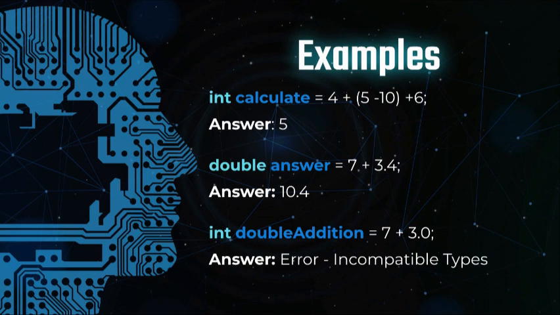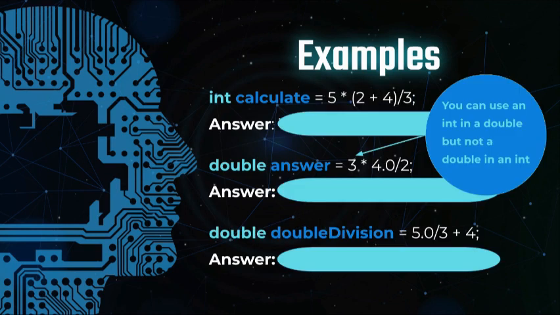So the point I'm trying to make here is that you can have an integer inside a double, but you can't have a double inside an integer. And again, there's a lot of logistics behind that, but for now, that's all you have to know. So hopefully you're able to get these three. So let's move on to some harder examples.